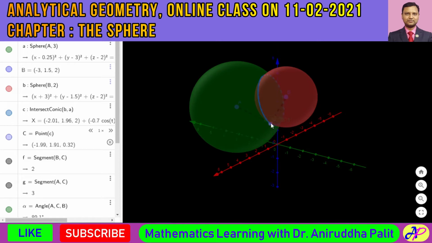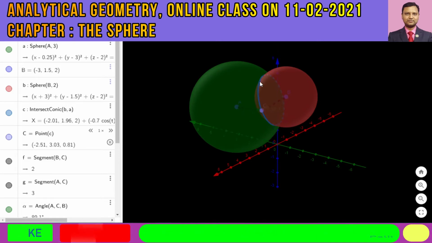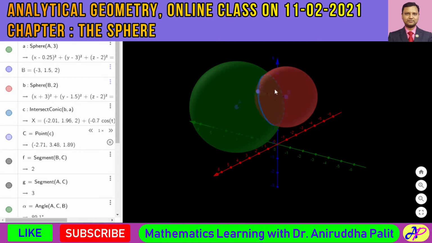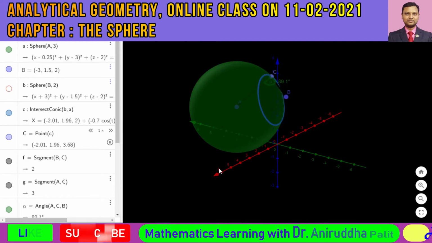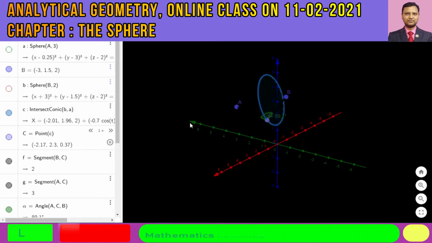You see this point C is changing. To make it a little clearer, let me suppress this circle and this sphere, and the second sphere as well.